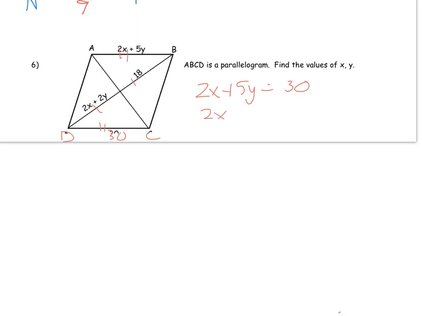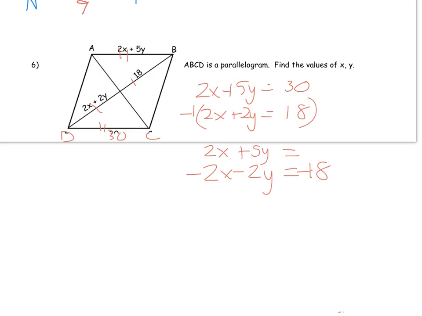So 2x plus 2y equals 18. I'm going to multiply this equation by -2, get negative 2x minus 2y equals -18. The top one was 2x plus 5y equals 30. I'm going to add the equations together and get 3y equals 12, y equals 4.